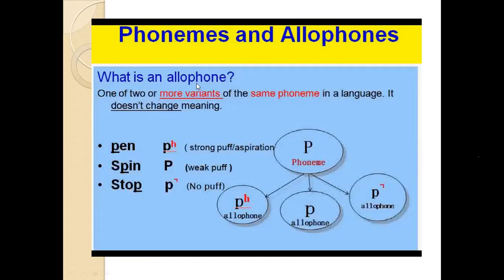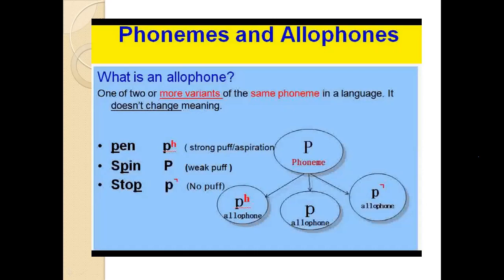An allophone is one or two more variants of the same phoneme in a language. It doesn't change the meaning.